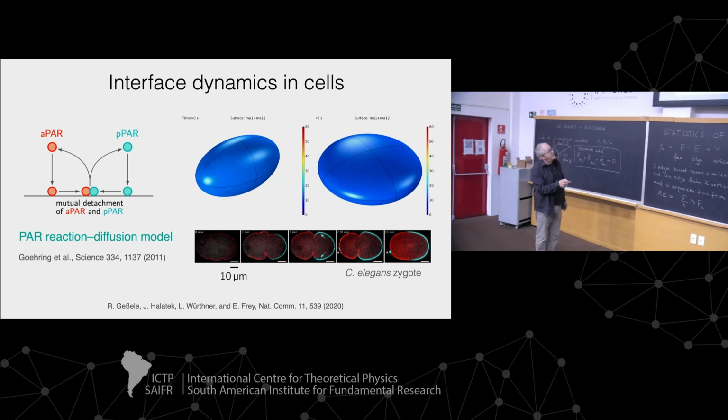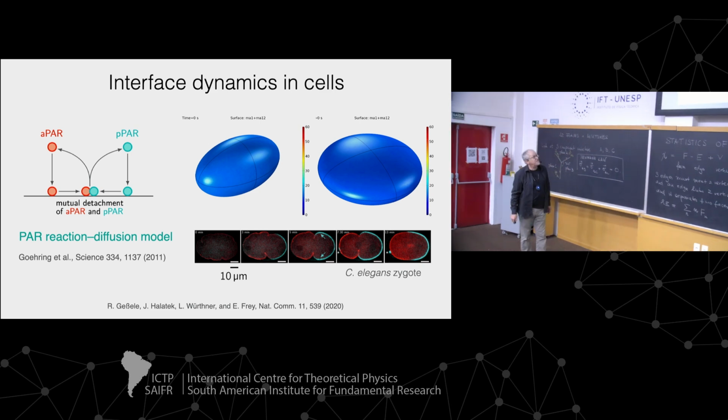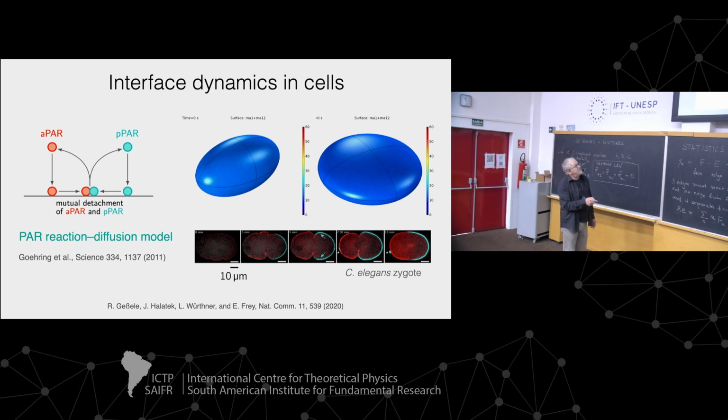One particular paper I would like to highlight here is the paper from Stefan Grill's group at Dresden. They have studied the C. elegans zygote and the pattern formation that you see here in quite some detail.